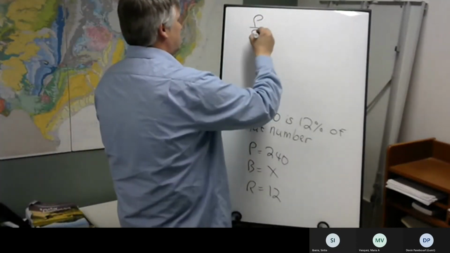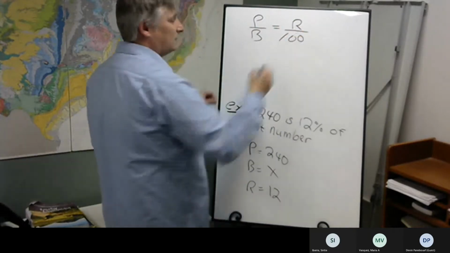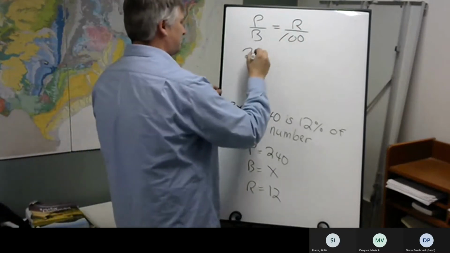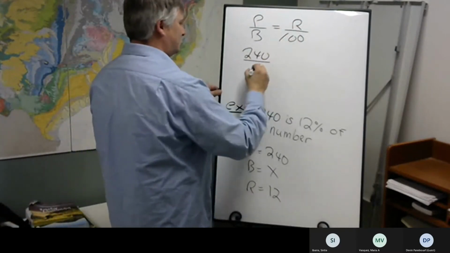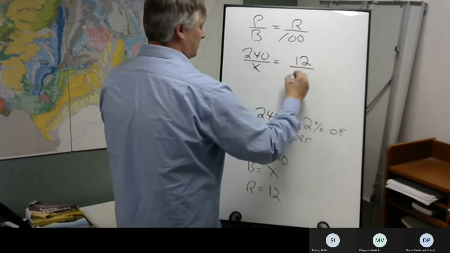So P over B equals R over 100, or 240 over X is 12 over 100.